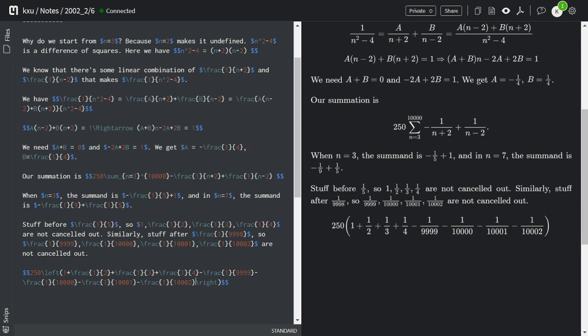So we want to find the closest integer to this value, which we can definitely find by just computing everything, and thus we'll do that here. This becomes 250 times 1 plus 1/2 is 3/2, 3/2 plus 1/3 is 11/6, and then 22/12 plus 3/12, so that's 25/12.